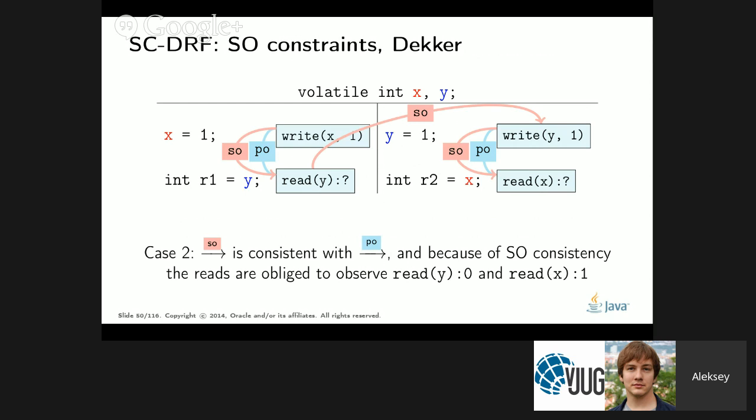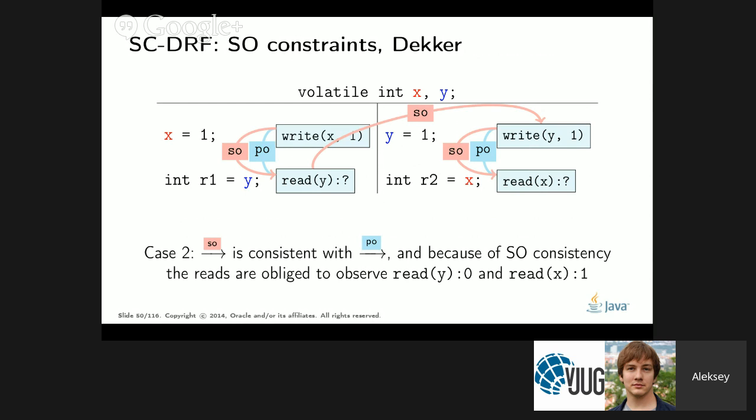So if I want to figure out what the read of X should get, I can just walk back in synchronization order until I reach the first write to X. So in this particular execution, what is the value of read X?